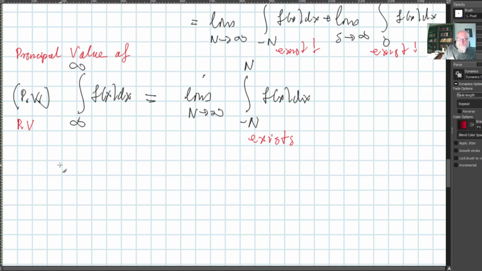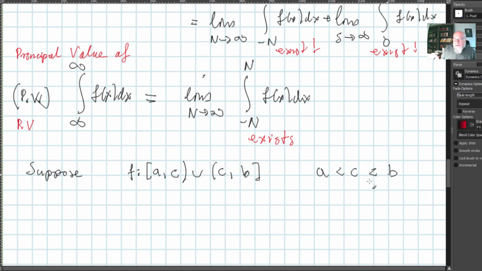Suppose here we have the function f from an interval a, b to R, and I want to exclude one point. So that means my function has a singularity at the point c. So you have here a, and c is in between, and then b.